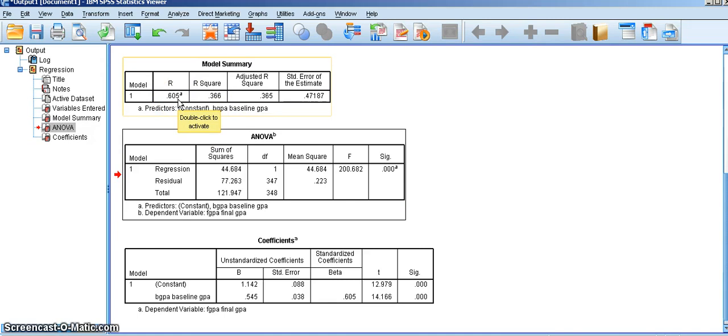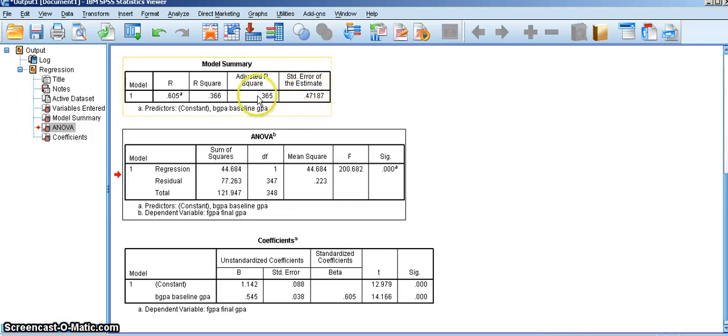and just like in correlation, R square is the coefficient of determination, or how much shared variability those two variables have. R, when we square, we get R squared, so we have about 37% shared variability, or about 37% of the variability in the baseline GPA is explained by variability in the final GPA, or vice versa.